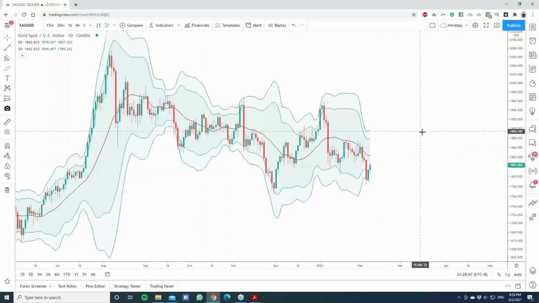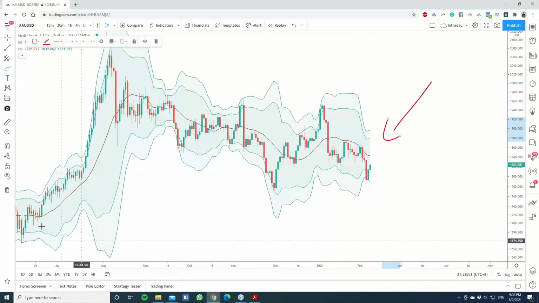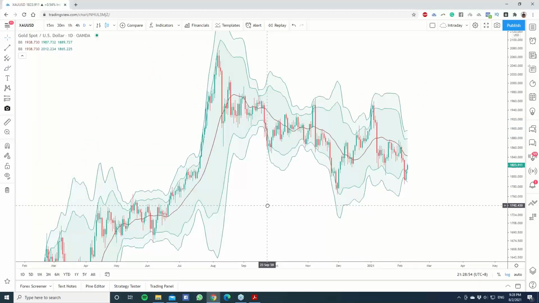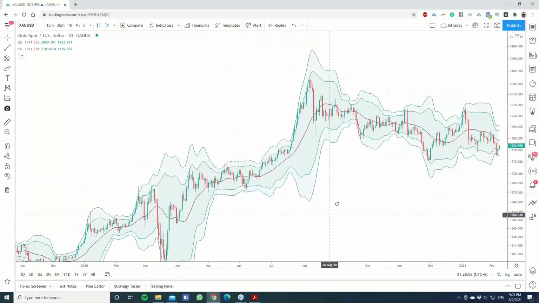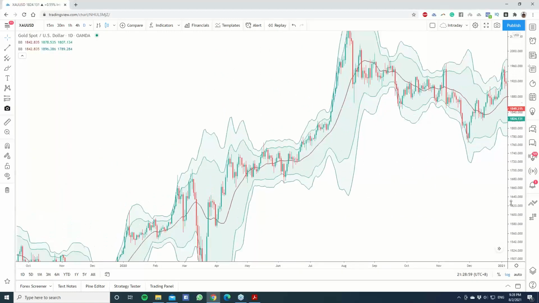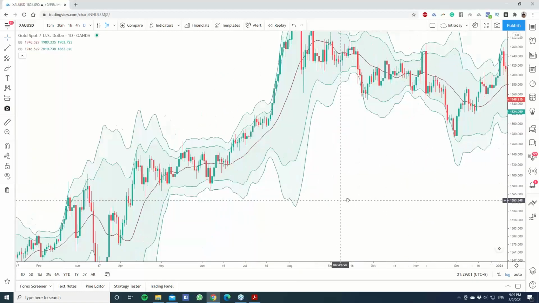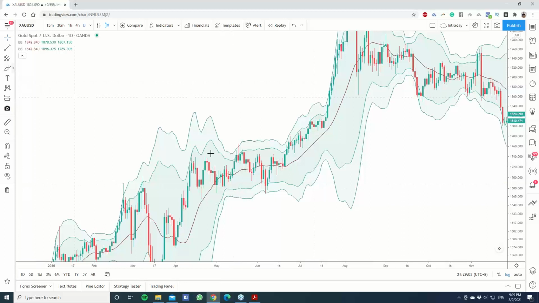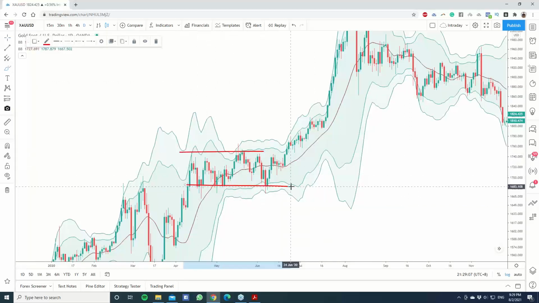Okay, and I try my best to show you examples that are happening as recently as right now, but of course, not every chart will be able to do that, right? So over here you can see another technique that you can look out for is the BB squeeze. Every time price goes sideways, eventually it needs to break out. And when it goes sideways, that's where the squeeze happens, right?